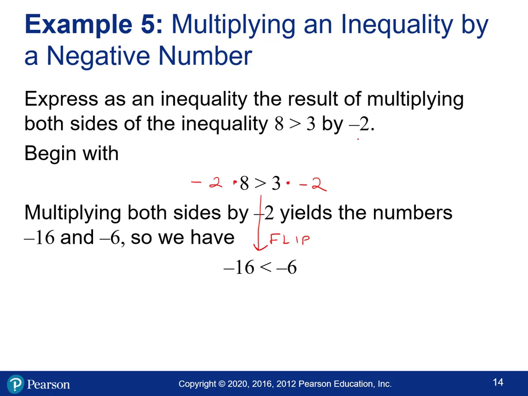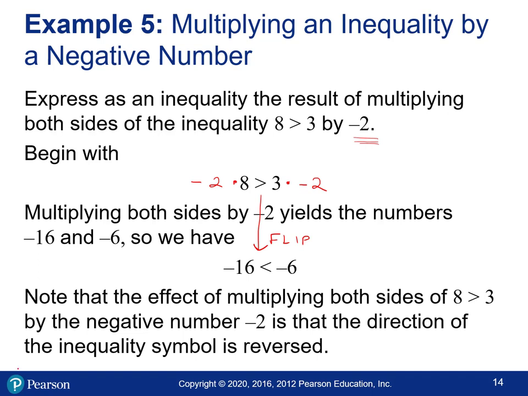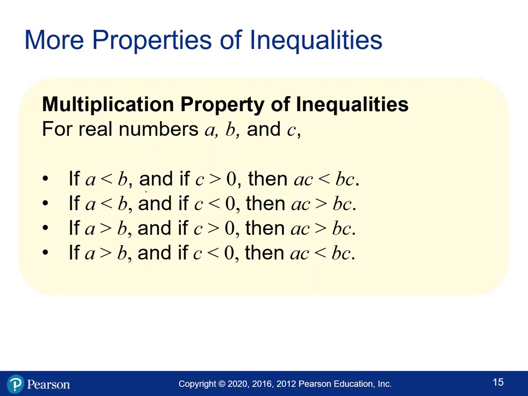And this is always going to be true when we multiply or divide by a negative number. So that's one thing to remember with our inequalities. We had to reverse or flip the symbol because we multiplied by something negative. And that is going to be here in our multiplication property. Notice C is positive in these two cases, and the inequality symbol did not flip.